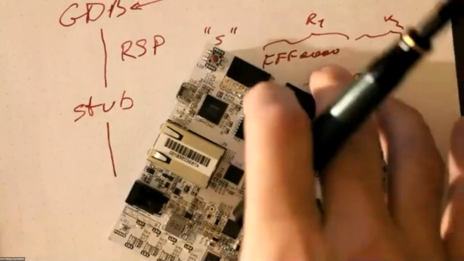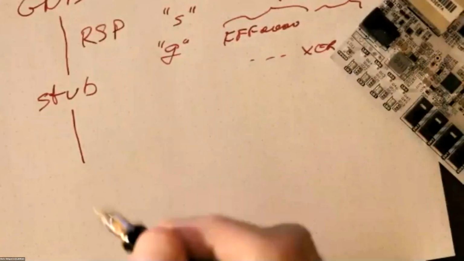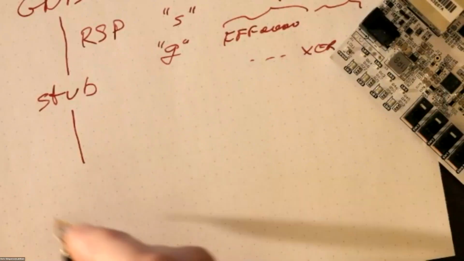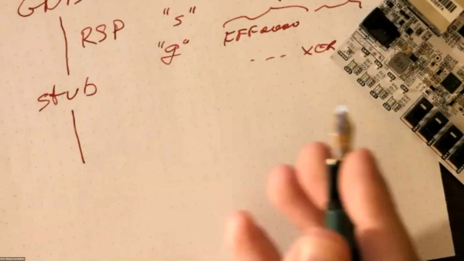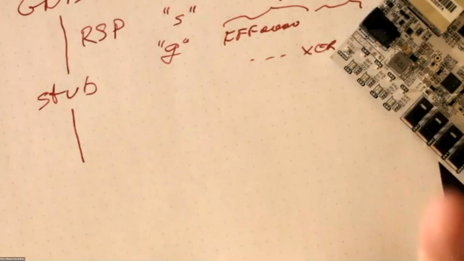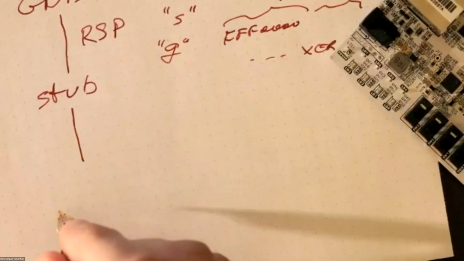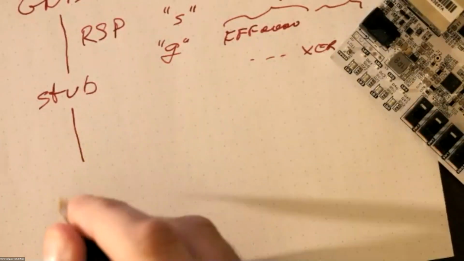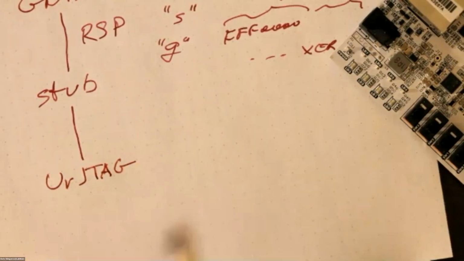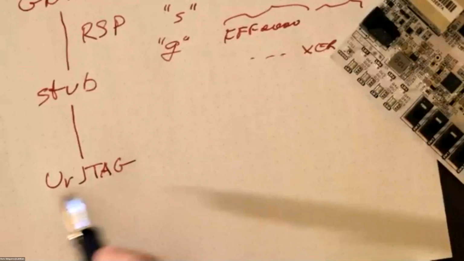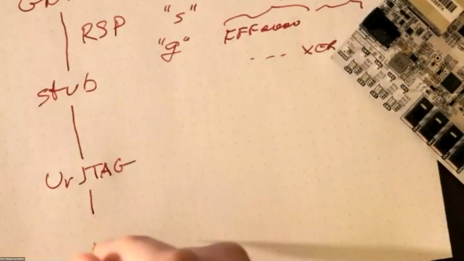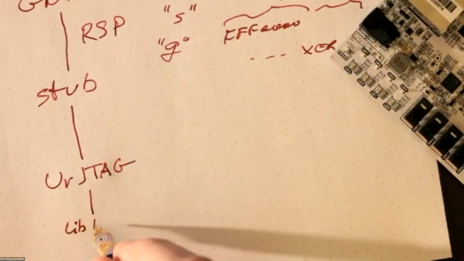So in here, the stub is talking to some library that provides you with some kind of JTAG connectivity, so that the stub is going to be linked to something like URJTAG, for example, in our case. And what that does, it's a library that just does JTAG things. And this guy will connect to libftdi.